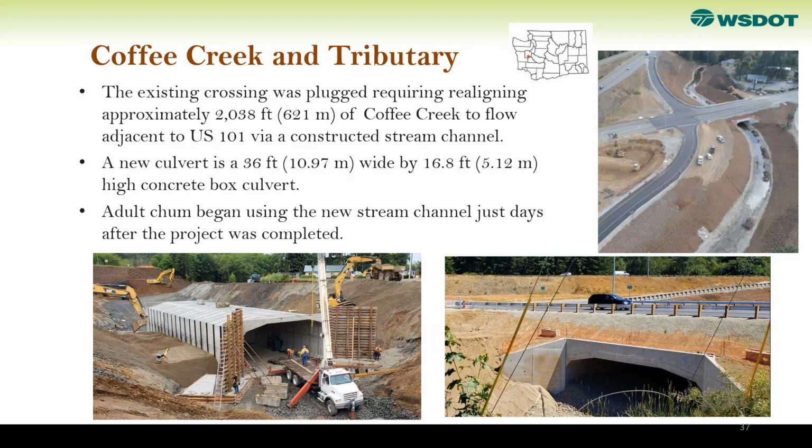Covering a few of these buried structure projects. Mark mentioned some of these structures earlier. The existing Coffee Creek is one of those, and it required realigning approximately 2,038 feet of Coffee Creek to flow adjacent to US 101, and the culvert that was considered is a 36 feet wide and 16.8 feet high culvert.